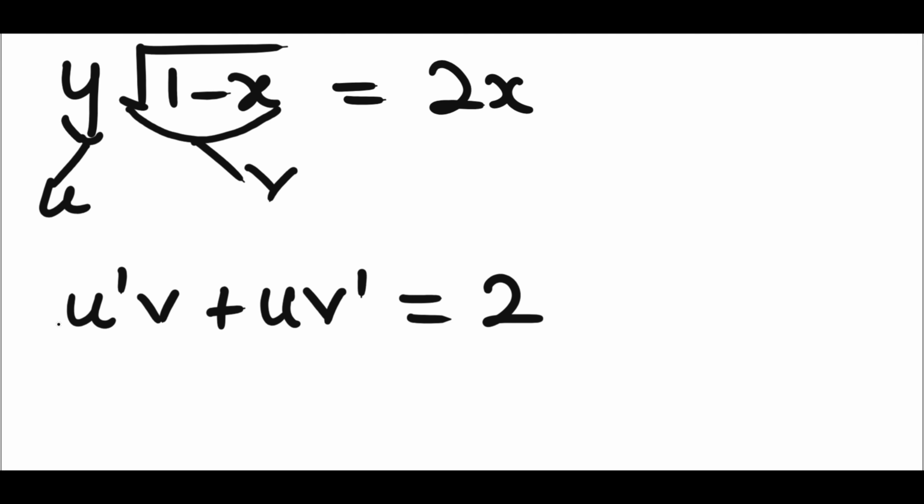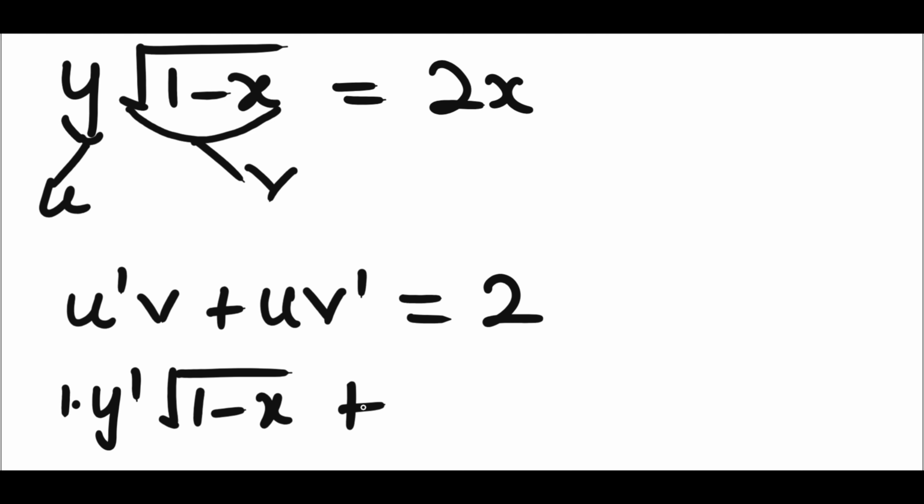Alright. Now our u is y. When you differentiate y, you get 1, multiplied by dy dx, which is the same as y prime. Then we maintain our v, which is the square root of 1 minus x, plus we maintain u, which is y, and differentiate our v.